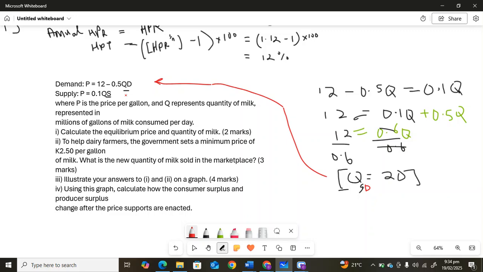So you can substitute in the supply function, 0.1 times 20. Even here, if you substitute 0.5 times 20, that is 10. 12 minus 10, that is 2. Okay, so our equilibrium price is 2 kwacha.